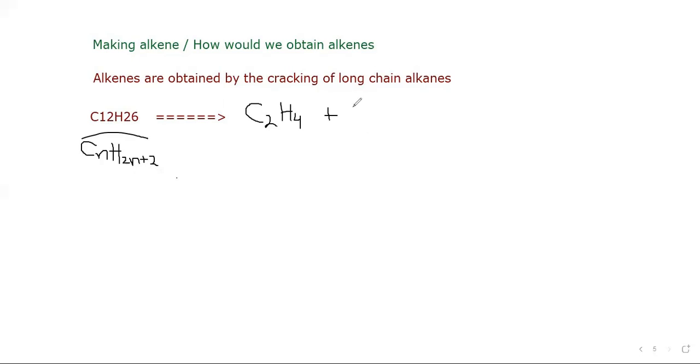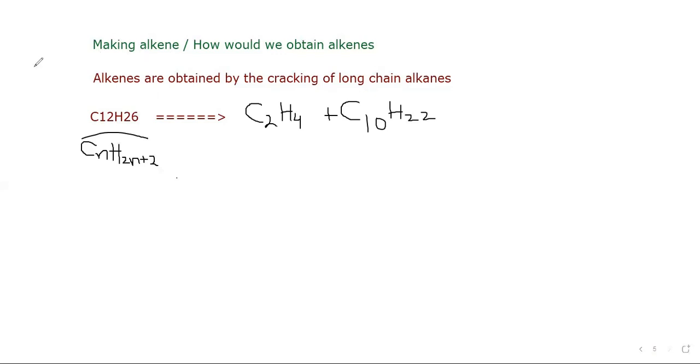So how many carbon atoms will be left? 10. And similarly, you can subtract 4 hydrogen from the 26. That will be 22. That's how you can write down the equation for the cracking of long chain alkanes, right? Any confusion? No.